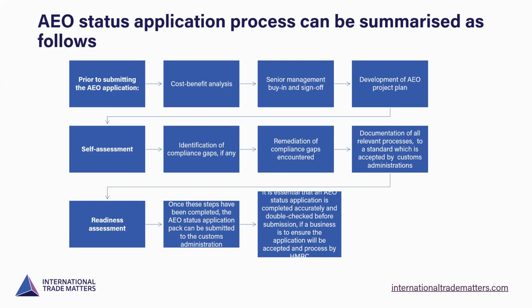Once these steps have been completed, the AEO status application pack can be submitted to HMRC. And please don't be fazed if it takes them an eternity to come back to you. It's a different ball of fish. If they want something from you, you've got to act almost instantly. With this, it takes a bit of time.